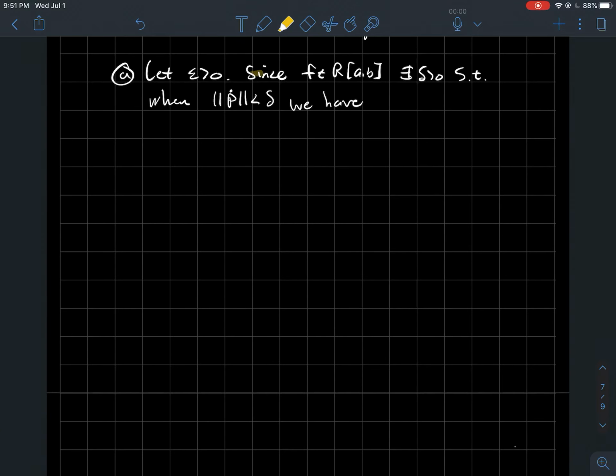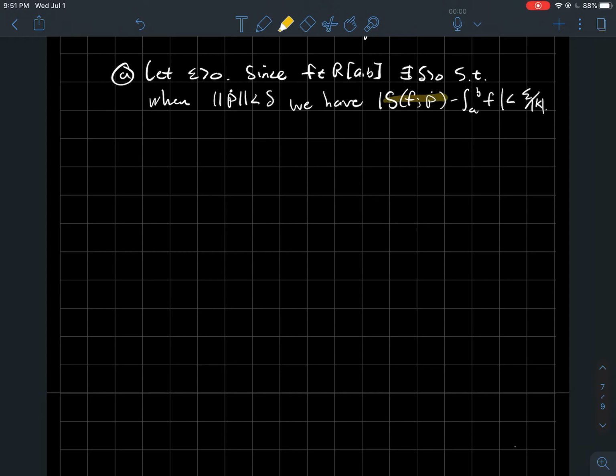Now, what do I know? I know that f's a Riemann integrable function, so that means that there exists a delta such that if you give me any tag partition whose norm or mesh, remember that is the length of the longest subinterval in the partition P dot, give me one whose maximum subinterval width is less than delta, then the following should happen.